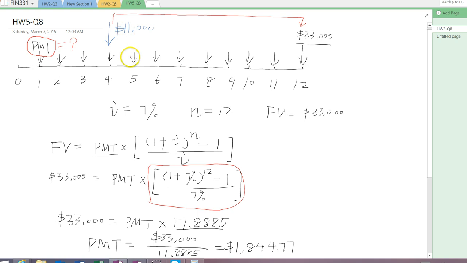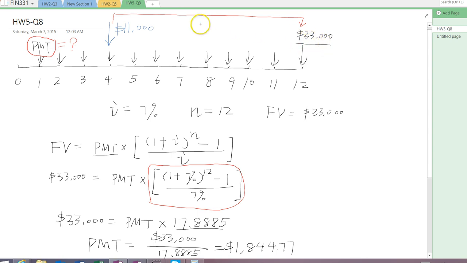Every year you're going to receive a certain amount of interest, and this is going to compound for how many years? Because you start from year 4 and continue until year 12, that's going to be 8 years, right? 12 minus 4 is 8 years. So you will compound this $11,000 for 8 more years before it is at the same time point as your end goal.